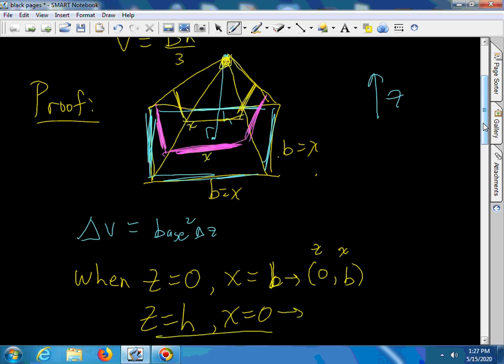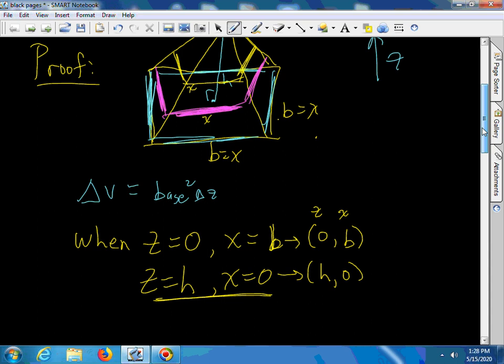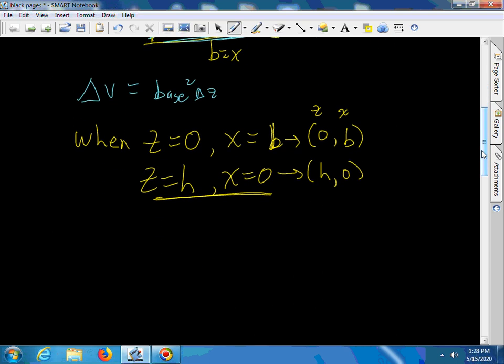And this point tells me this information, and it's a point. It tells me the point should be written this way.